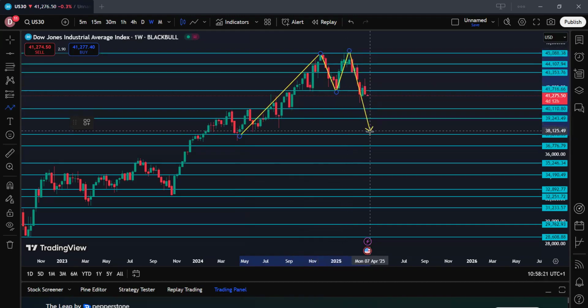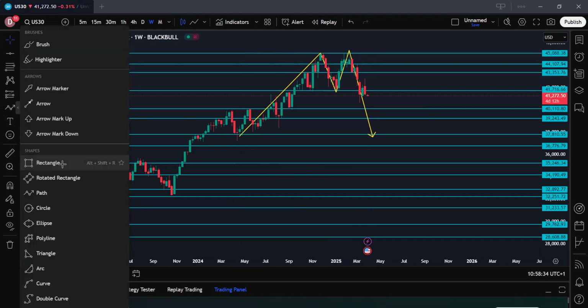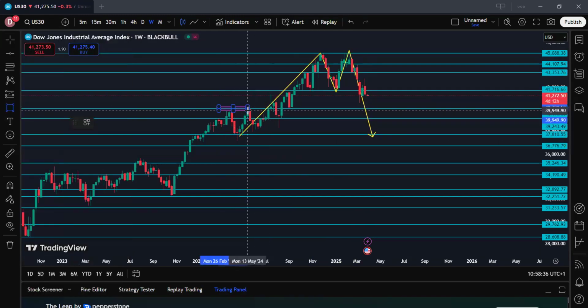So we'll possibly see a push coming straight to this area right here. There is a little bit of resistance and support around this area, which I'm seeing here.